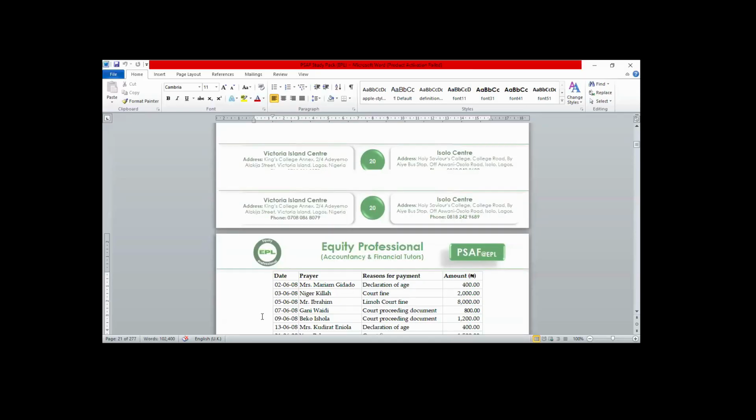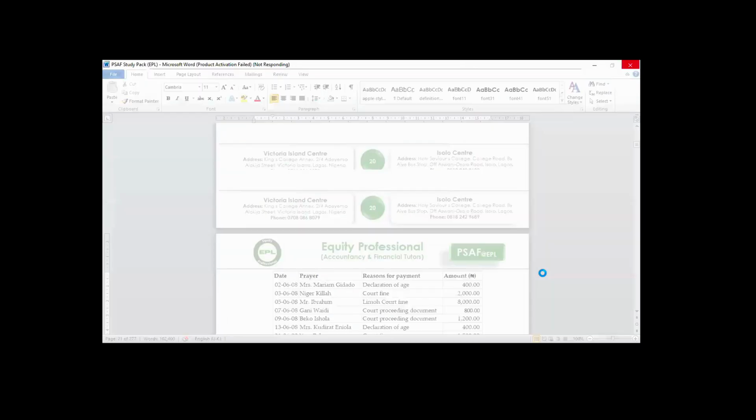Now, let's look at the question one after the other. The first, question number 4, says what? What they say we should do before we look at the solution page, how we are going to go about it. Now, question number 4 is all about the treasury cash book. How do we manage the treasury cash book? What are the things we need to know when it comes to the treasury cash book?